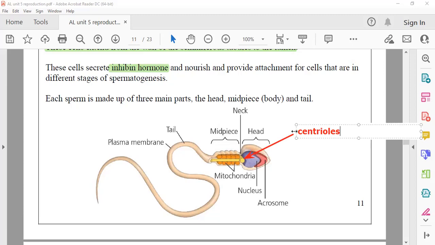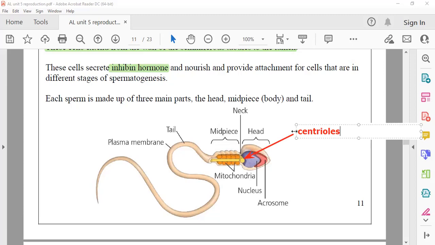Done, sir. Right. In the head region, surrounded by the plasma membrane, there are two components.